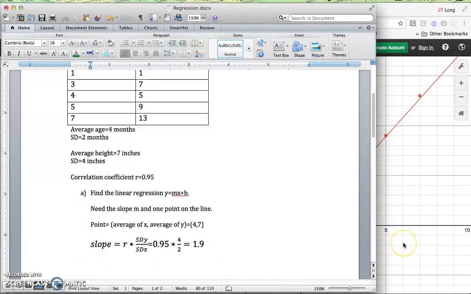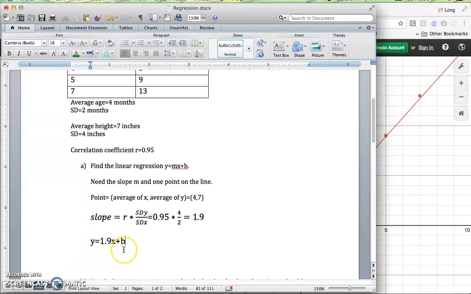Therefore the equation of the line is y equals 1.9x plus b. So we need to find b. How do you find b? Well, we know the slope. To find b, we just pick a point on the line, which is this point, plug it in for x and y, and then find b. In this case, the y value 7 is equal to 1.9 times the x value 4, plus b.